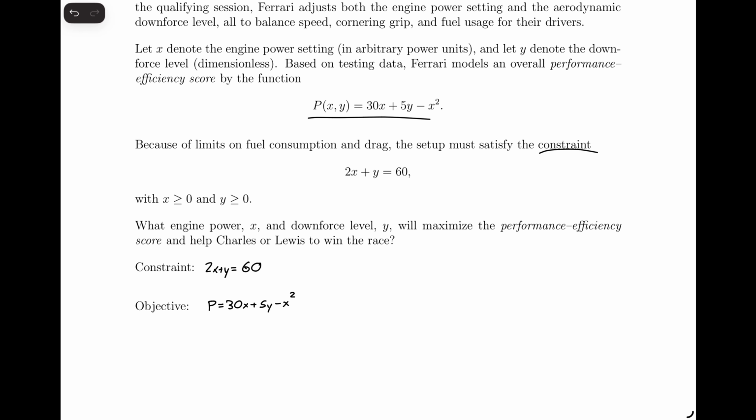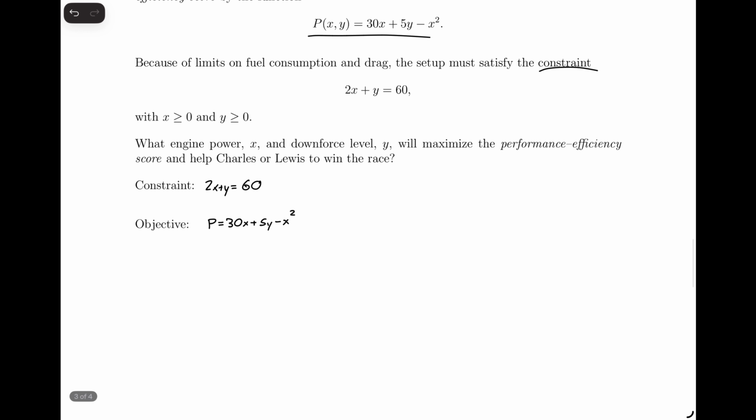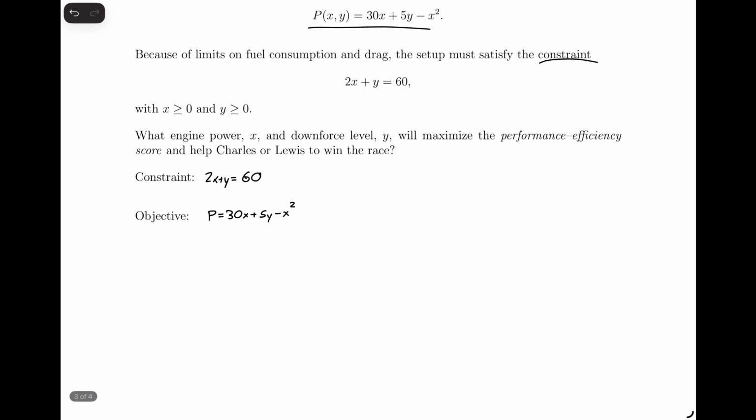From here, honestly, a lot of these optimization questions are pretty repetitive. We're just going to solve our constraint in terms of one variable, and then plug into our objective. I think solving for y will be a little easier, but it really doesn't matter too much.